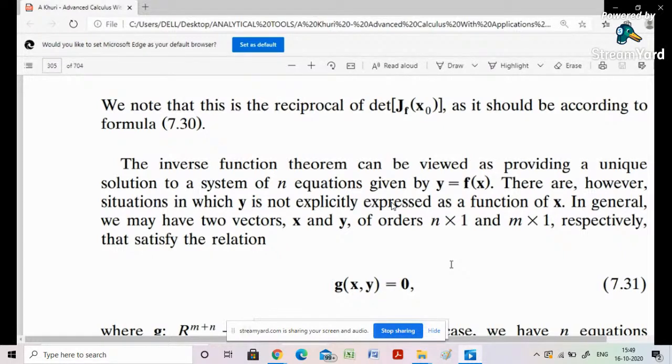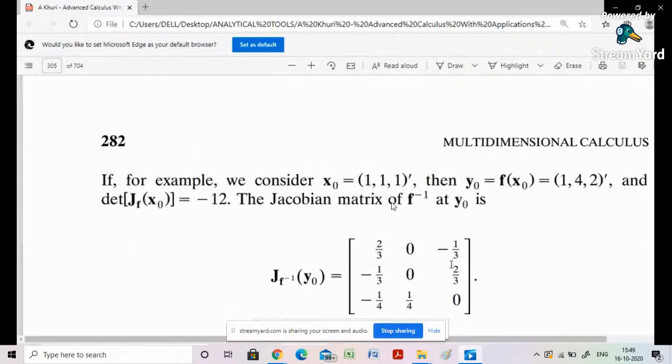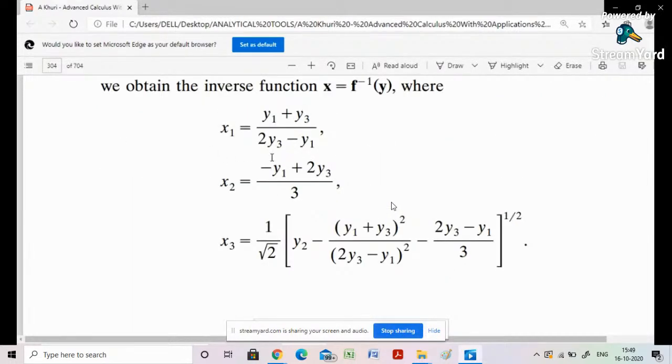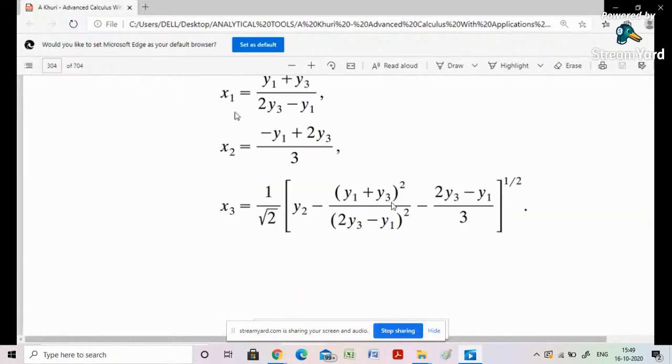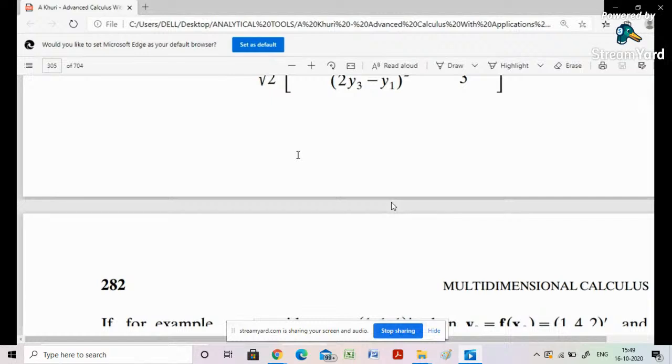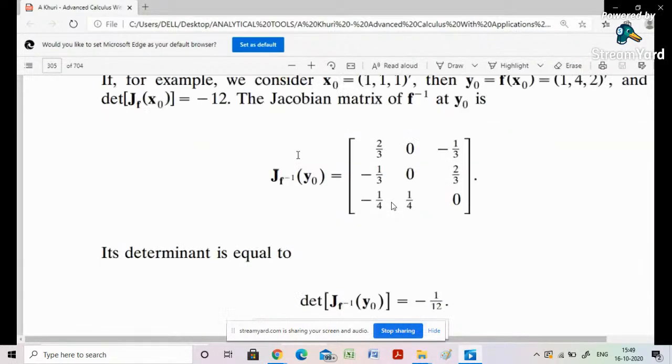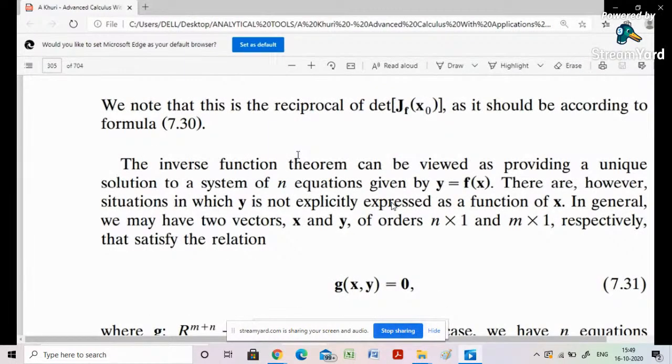Sometimes we may not be able to express the inverse like this. For example, here we have expressed the inverse, x1 equal to, using some arrangement of these three functions, with x1 on the left side and all y's on the right side. Here x2 is on the left side, all y's are on the right side, etc. Sometimes we may not be able to express like that, but at the same time they will have some inverses.